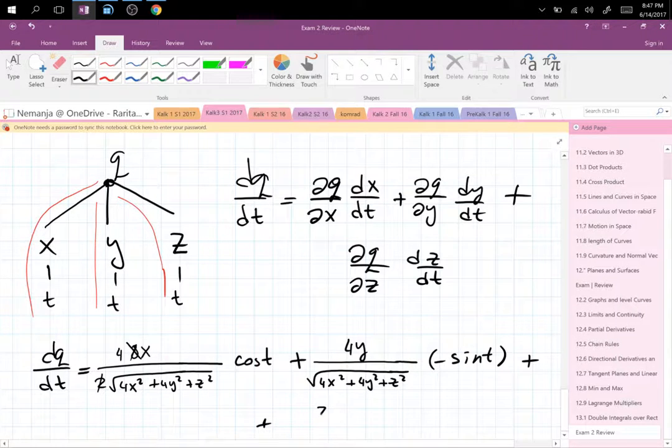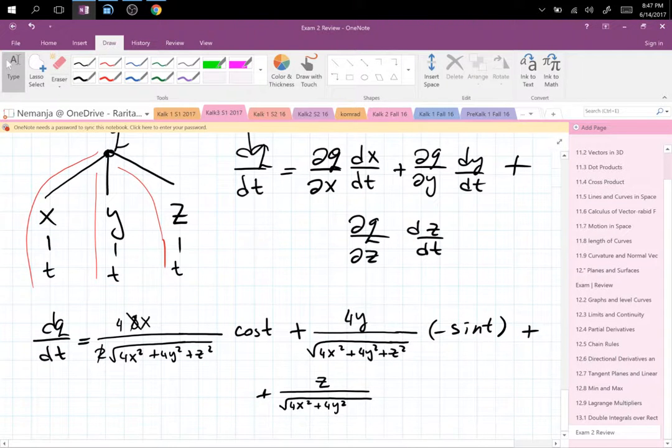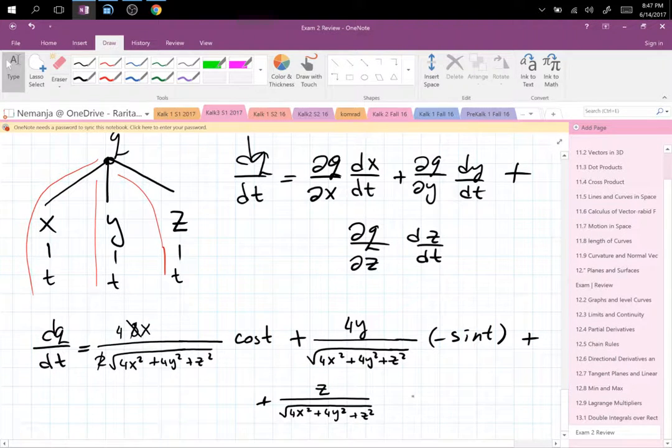Now it's just going to be z divided by the square root of 4x squared plus 4y squared plus z squared, and then we have another negative sine t.